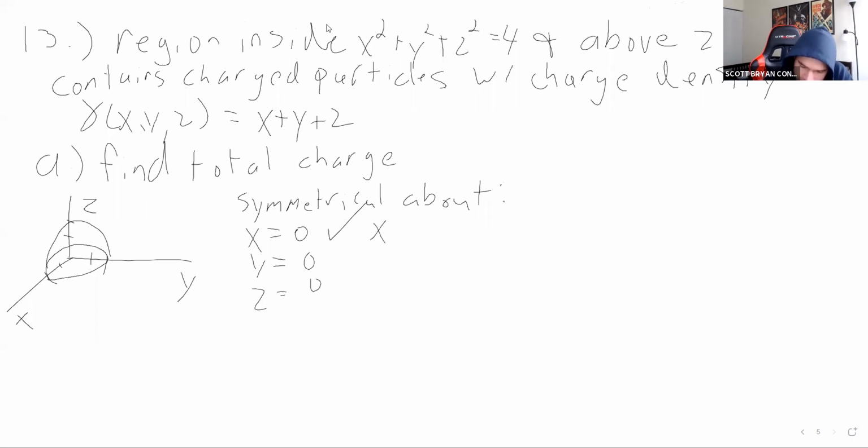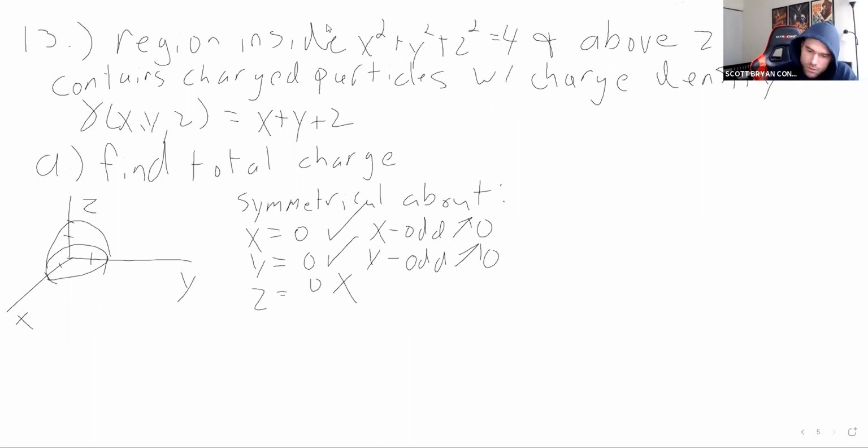So that means any x-odd terms are going to integrate to 0. Similarly, we have symmetry about y equals 0 in the y direction, to the left and right of the xz plane. So that means y-odd terms are also going to integrate to 0. Do we have symmetry in the z direction? No, right? Nothing below z equals 0. So we can't say anything about z-odd terms. But x-odd terms, y-odd terms, those are going to integrate to 0.